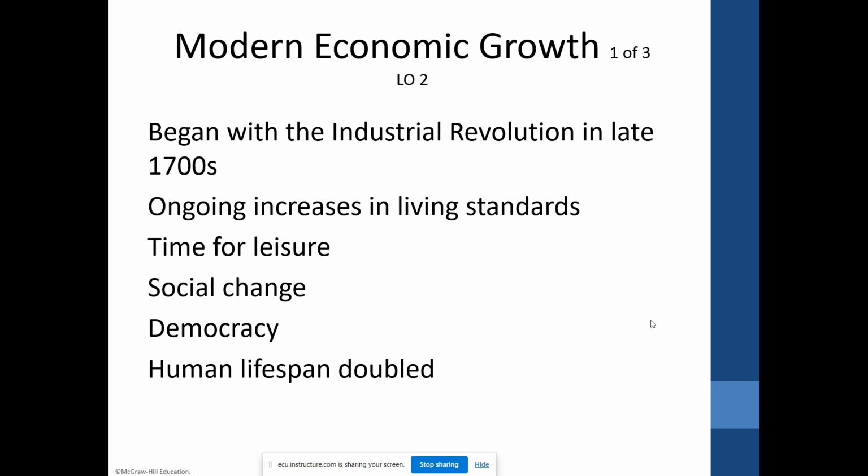Countries experiencing modern economic growth have tended to move toward democratic forms of government, people's lifespans have doubled, and ordinary people have been able to experience leisure time and the arts due to increased wealth and living standards.